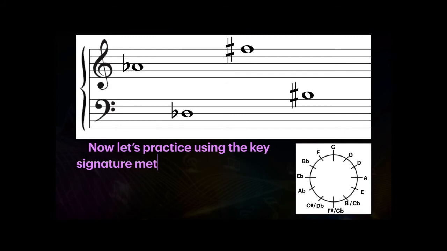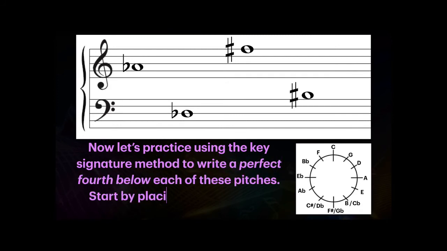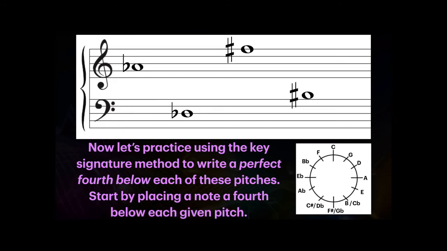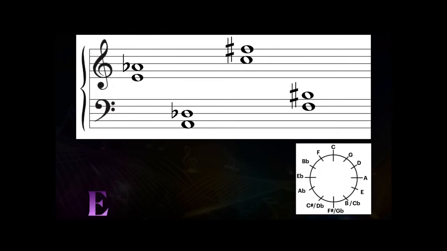Now let's practice using the key signature method to write a perfect fourth below each of these pitches. Start by placing a note a fourth below each given pitch. That's putting it on the staff. Next, we view the key signature for the lower pitch.